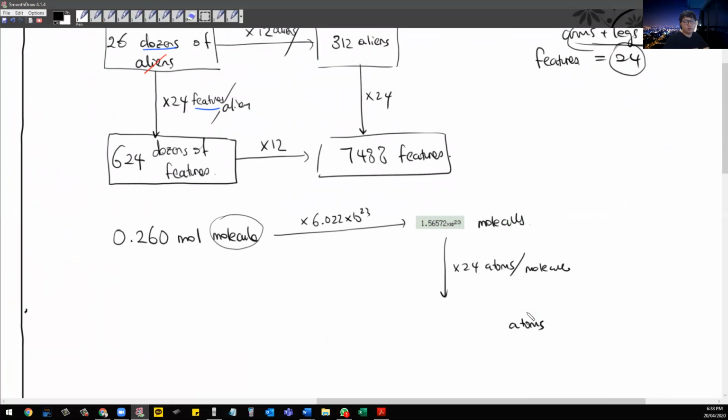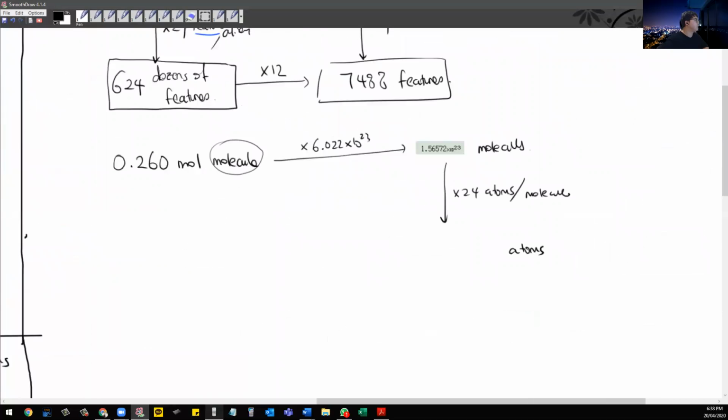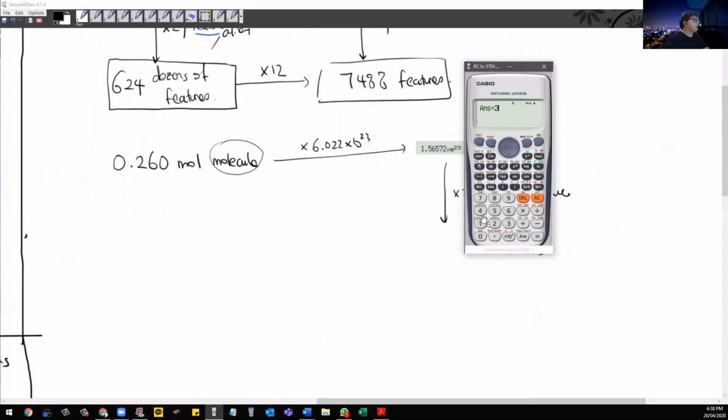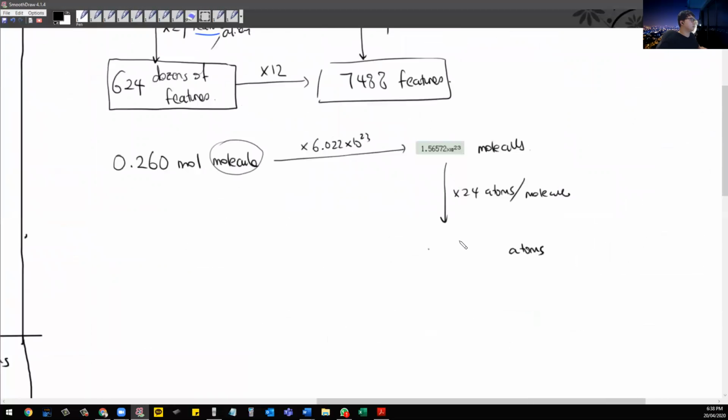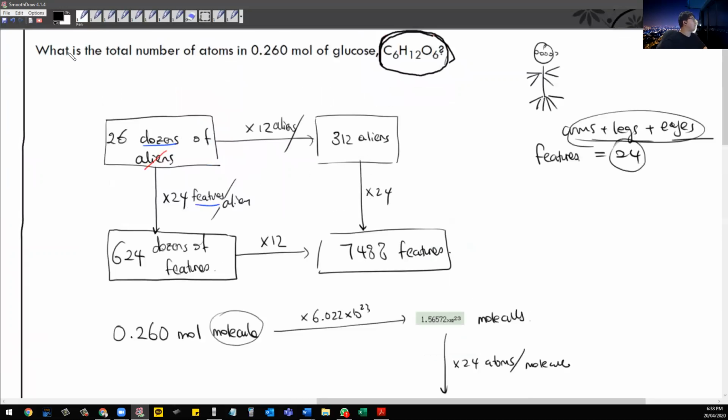You count the total number of atoms like that. That's the answer to this question: what is the total number of atoms in this many mole of glucose molecules?